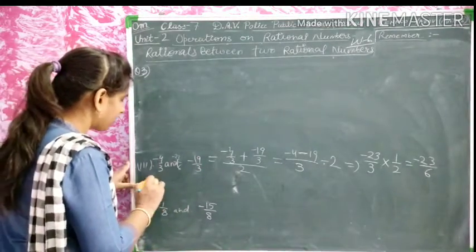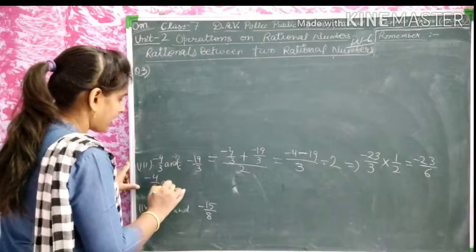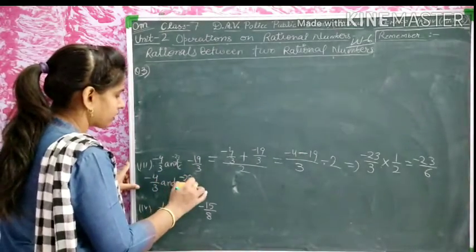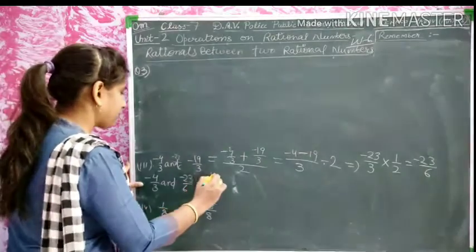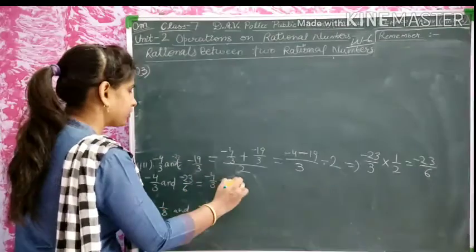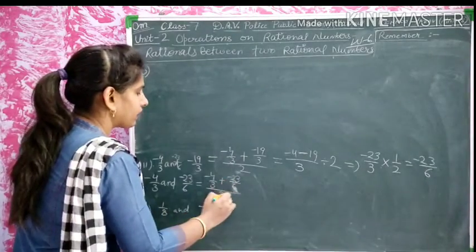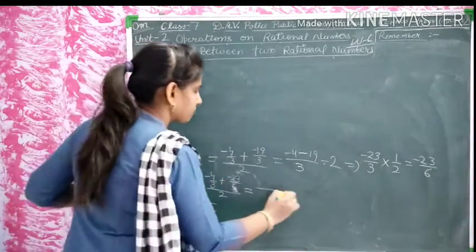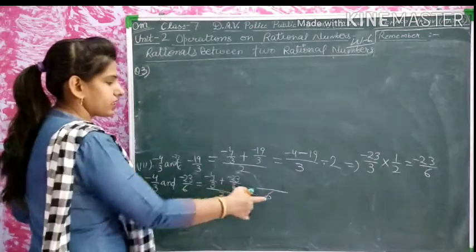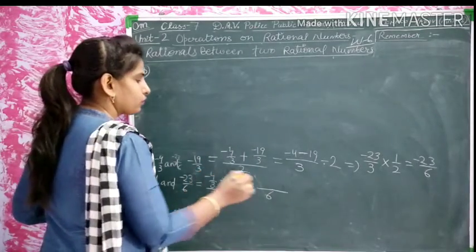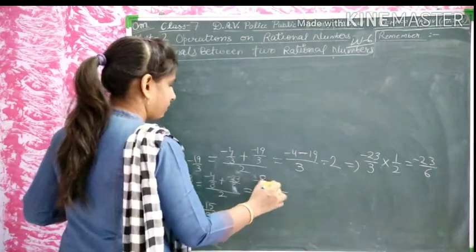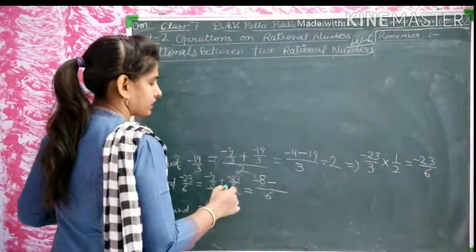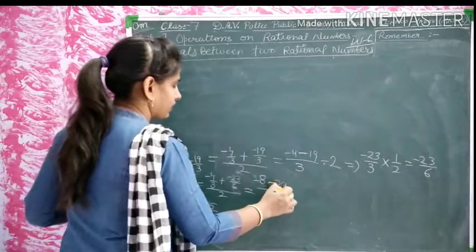So the same method, minus 4 by 3 and minus 23 by 6, which we found here. So this will become minus 4 by 3 plus minus 23 by 6. It will be divided by 2 and it will become, there is the LCM 6 here, 3 2s are 6, 2 4s are 8, minus 8 is there and plus minus 23 is there, 6 1s are 6.